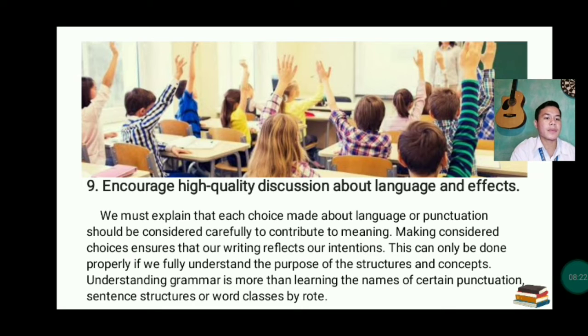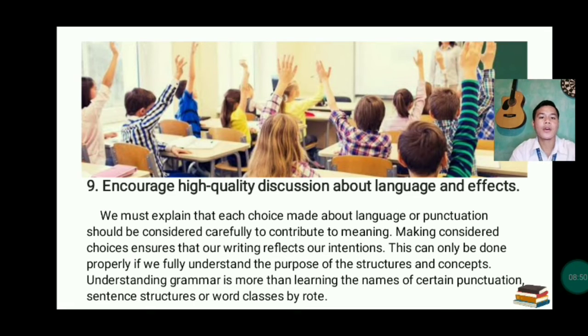This can only be done properly if we fully understand the purpose of the structure and the concepts of the discussion. Understanding grammar is more than learning the names of certain punctuation, or learning the sentence structure and word classes by rote. We have to encourage high quality discussion about language and its effects on their daily lives.